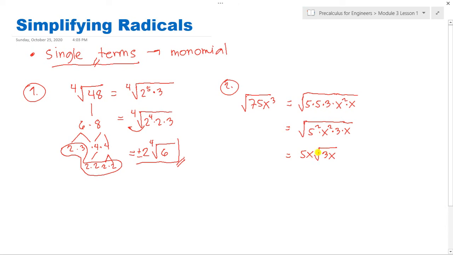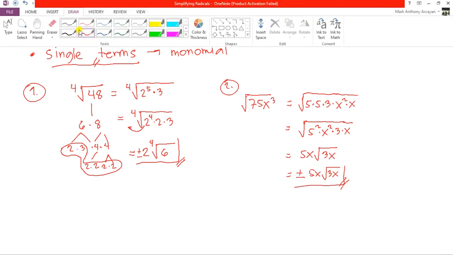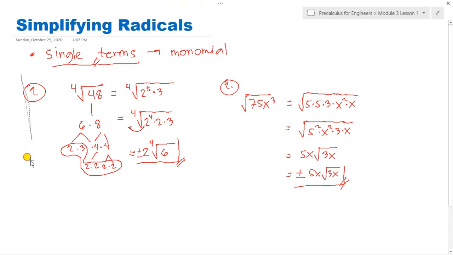So, therefore, since yung index natin dito is even number, now we have two possible answers. We have either positive or negative 5x square root of 3x. So, ito yung answer natin sa ating example number 2. Now, let's jump to another example.